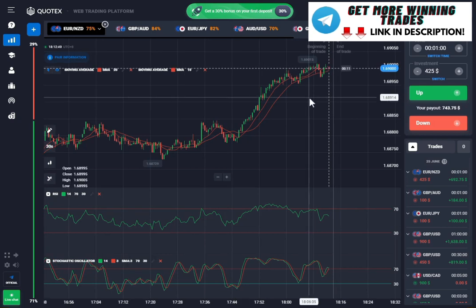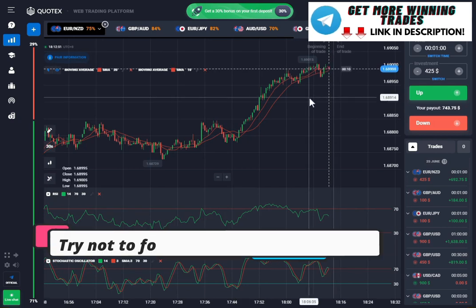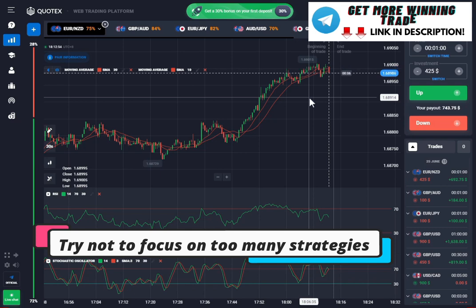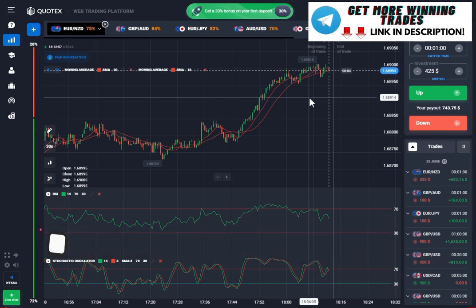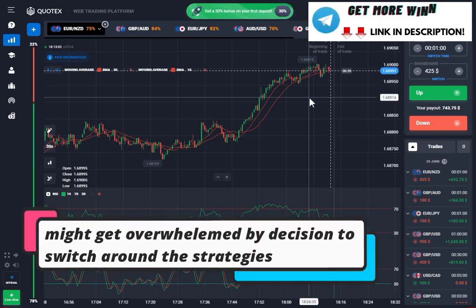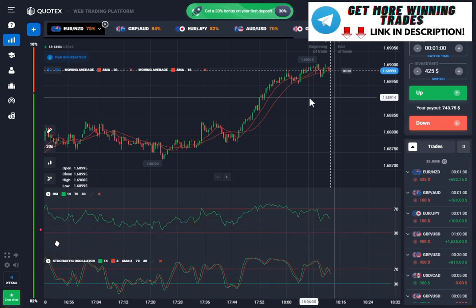I noticed that as I switched around with too many strategies, it usually reflects in our balance, and it's harder to grow. There's less consistency in what we are applying in our trading method. So if we want to grow an account, most likely we need to do something very consistent, or at least have a system.